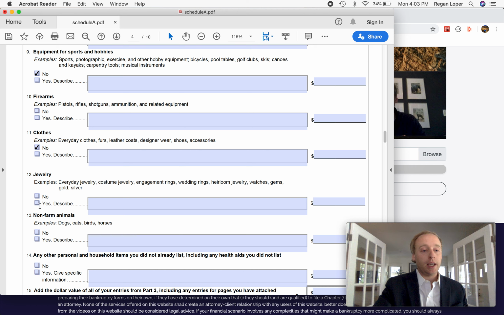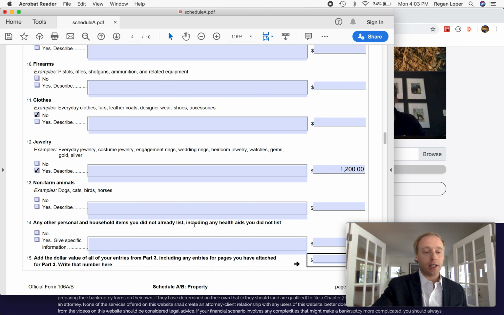Jewelry, she hits the yes button. She apparently did have some jewelry, and she estimated that it was worth $1,200. Not sure how she got to that estimate, but you use the most reliable means of estimation that you have. Non-farm animals, dogs, cats, birds, or horses.